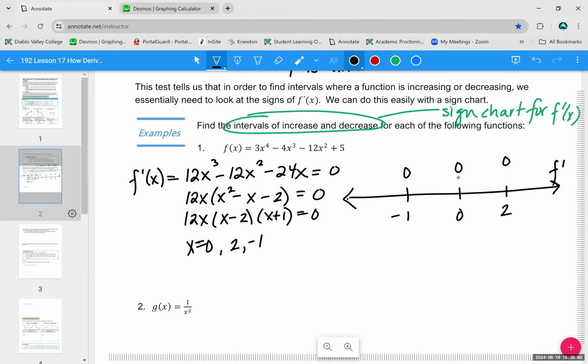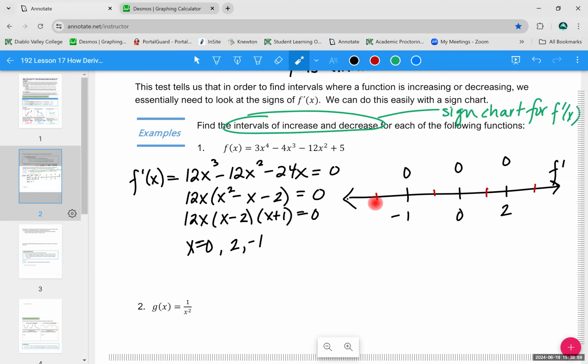So we need to know which one is which. Now, the next thing you're going to do is pick test numbers from each one of these intervals, plug them into the derivative. I suggest you plug them into the factored form because all you need to know is whether the function itself is positive or negative at that point.